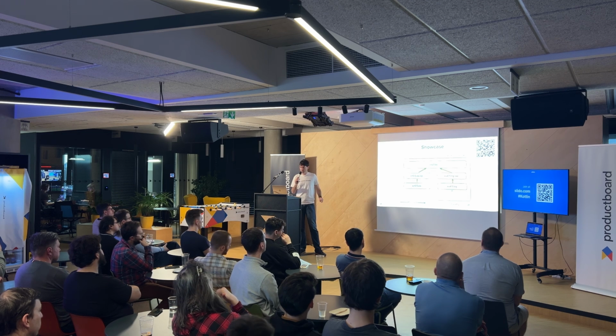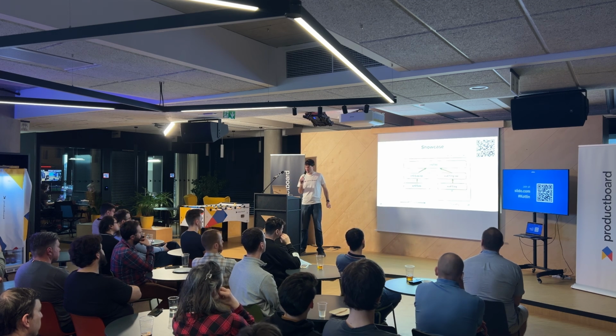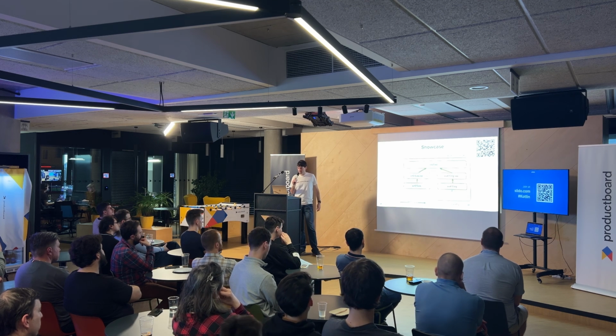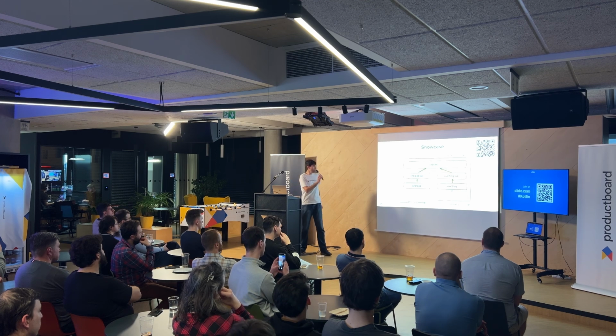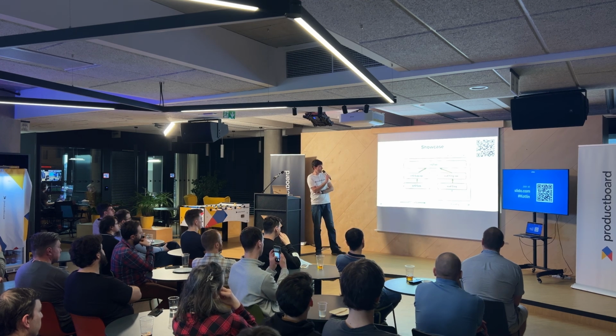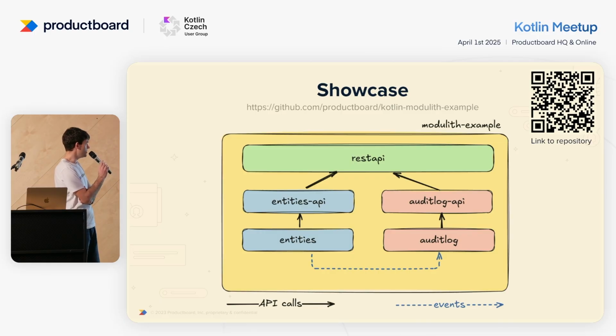I pushed the example code also to our GitHub, so later you can check it. There's also a QR code with a link to the repository, and I prepared a simple application where we have three different modules.